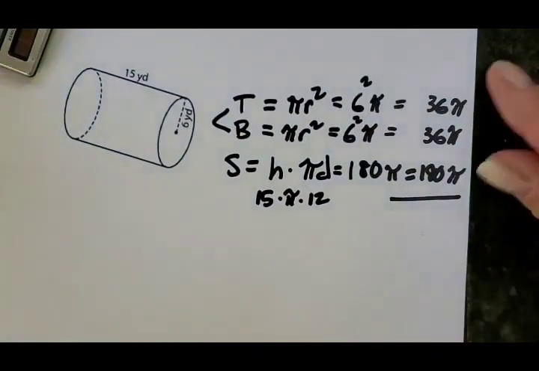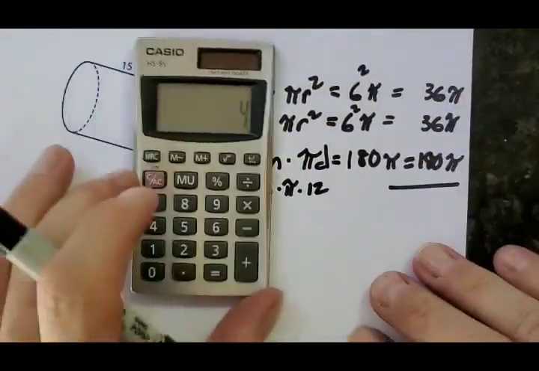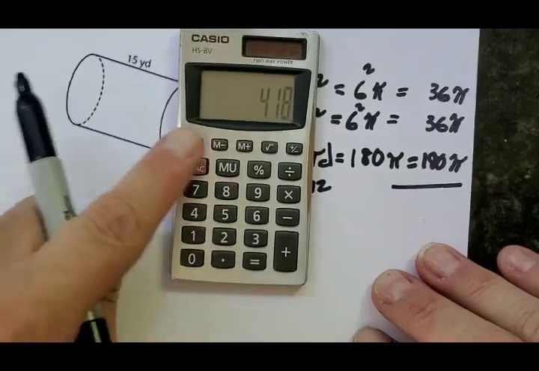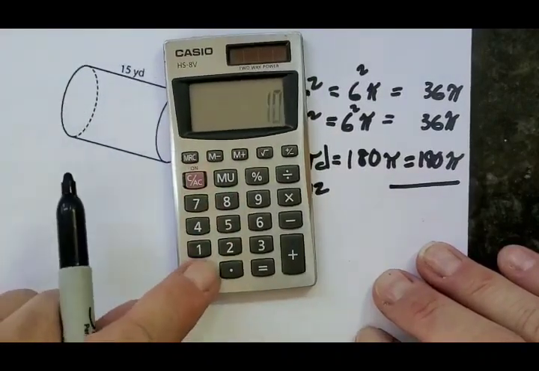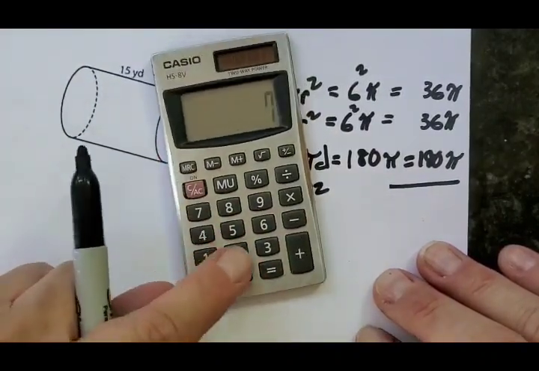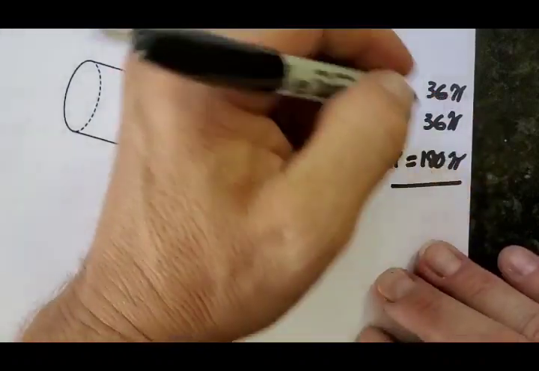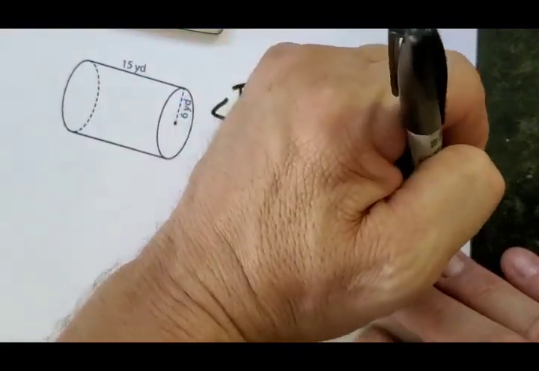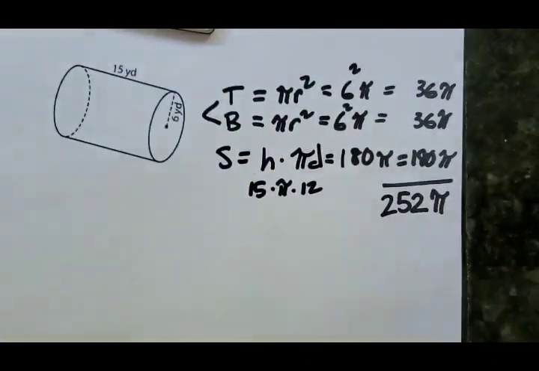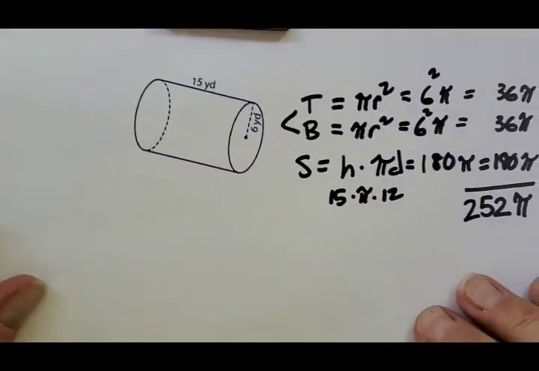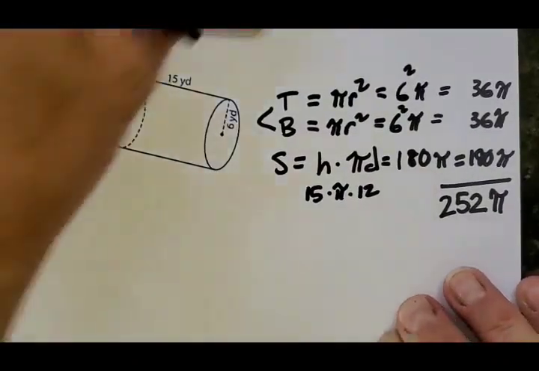All right, gonna add all of these sides together. It's 180. And I have 252 pi units squared.